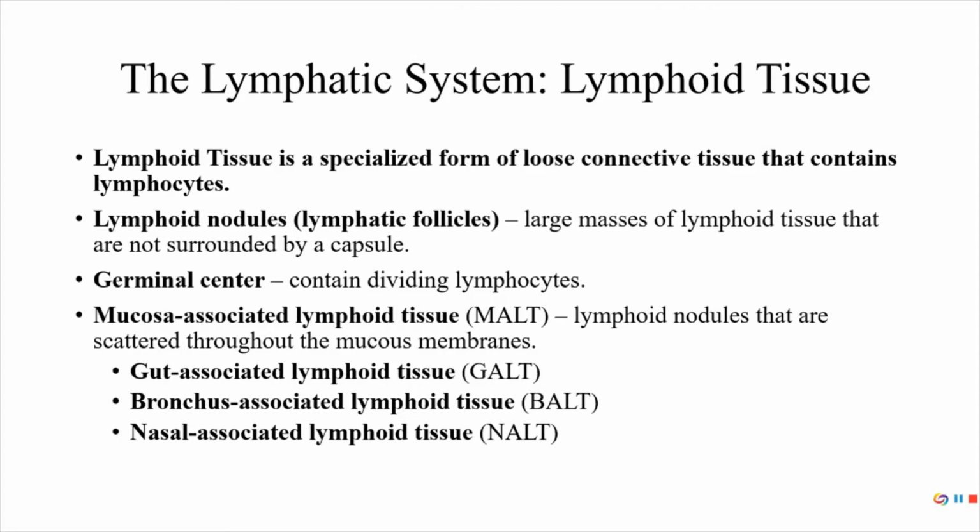We have lymphoid tissues associated with these mucous membranes called mucosa-associated lymphoid tissues. We lovingly call this MALT. If the MALT is in the gut, we call it GALT. If it's in the bronchus, we call it BALT. If it's in the nasal cavity, we call it NALT. GALT, BALT, NALT, these are all types of mucosa-associated lymphoid tissues, again strategically placed to fight invaders.